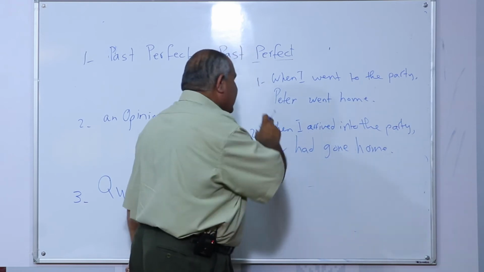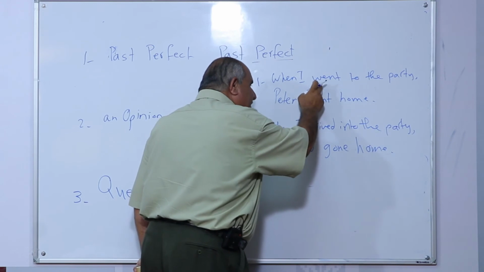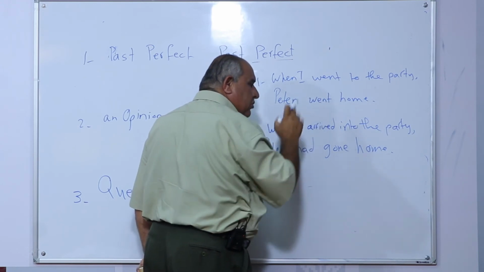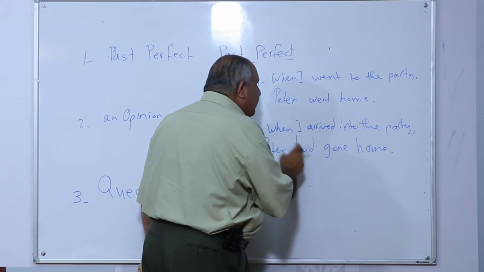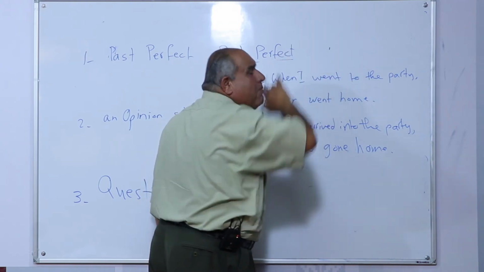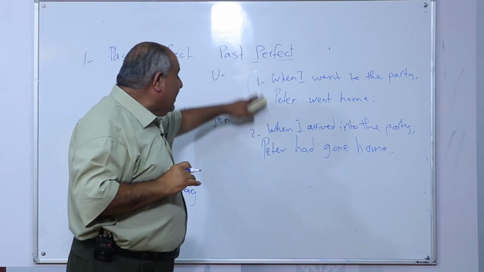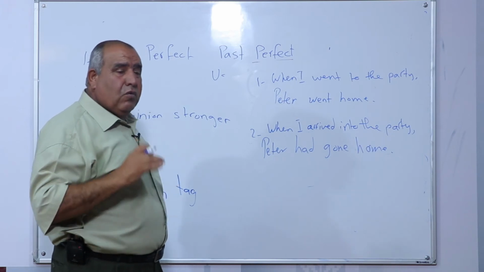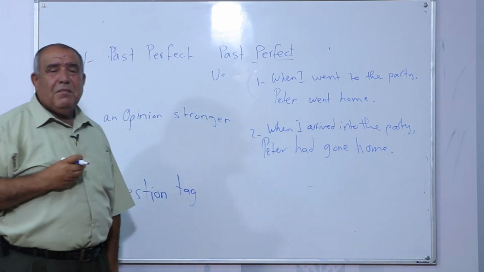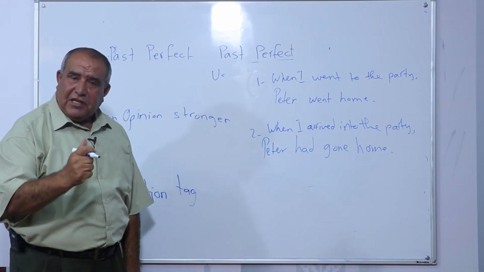So this is the difference. In the first sentence it means that when I arrived, Peter went home, so I saw Peter. The second means when I arrived, Peter had gone home before my arrival, so I didn't see him. So this is the difference between the past simple tense and the past perfect. When we use the past perfect, we must pay attention to this.